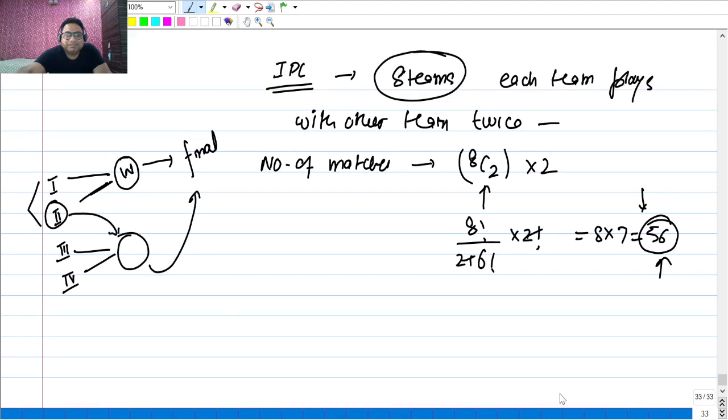There would be 4 more matches. So 56 plus 4, total 60 matches. The eliminator is where 3 and 4 play, and whoever loses goes out of the tournament. But 1 and 2 have a beautiful aspect: someone who loses still has a chance to qualify by playing the winner of 3 and 4. That's the reason there are 4 qualifying matches, and then you get a winner. So total games would be 60.